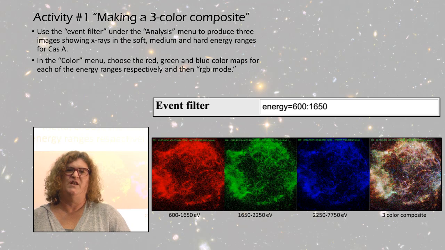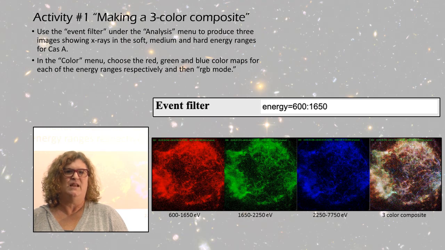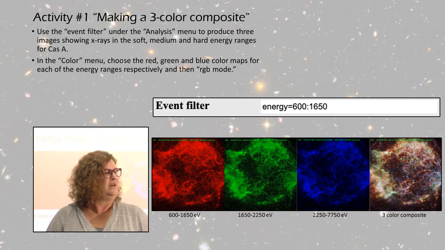So the first activity, the image that you just saw, was colored by pixel intensity. And the first activity is to have students make a 3-color composite like they might see on the Chandra website, where the colors represent the energy of the X-ray photon rather than the intensity at that particular point.